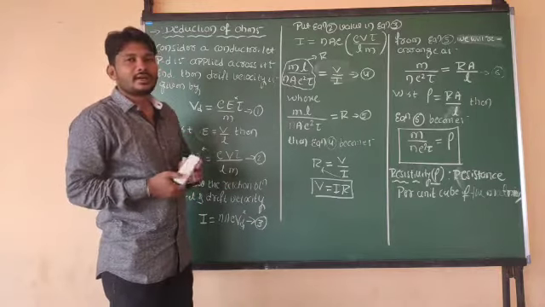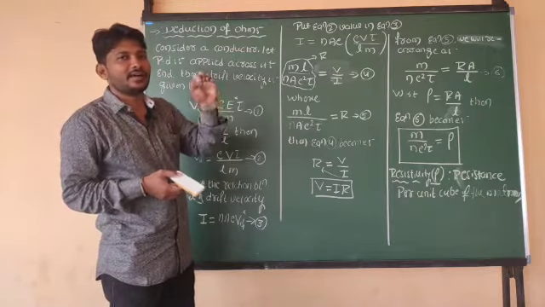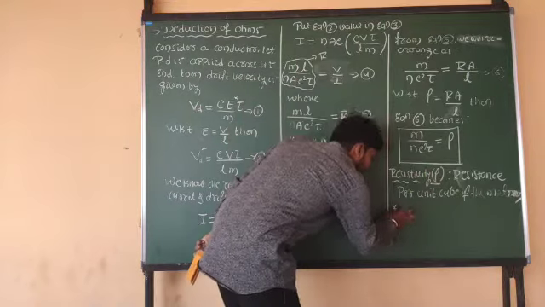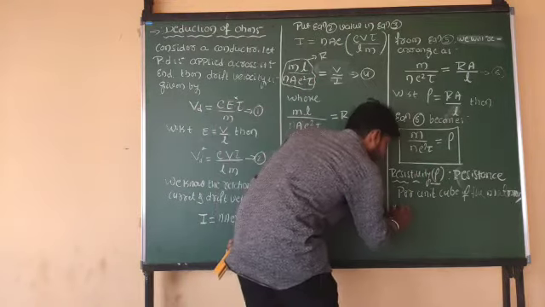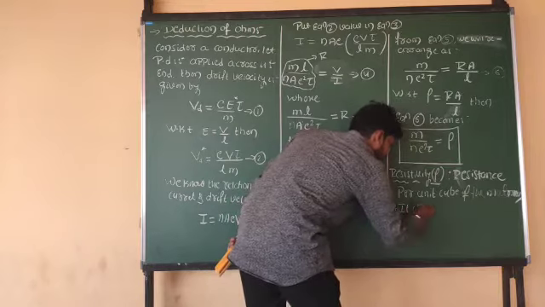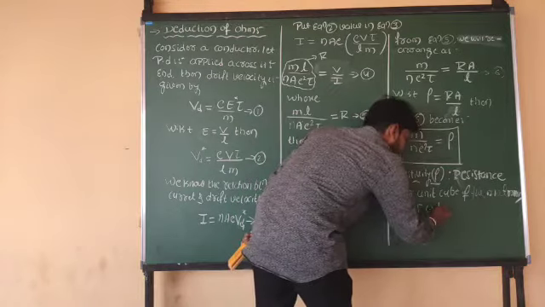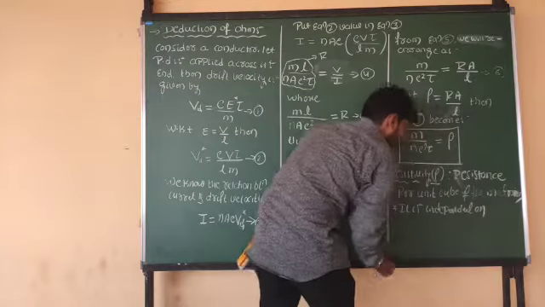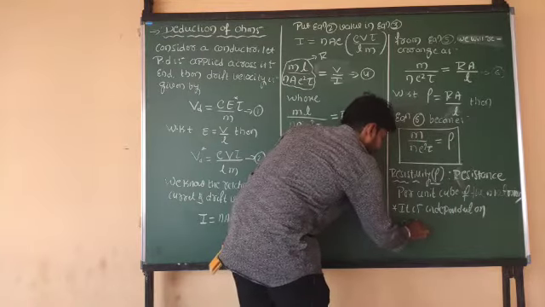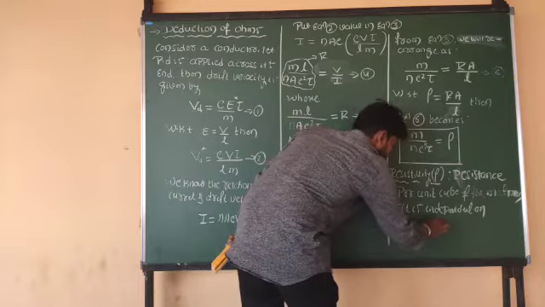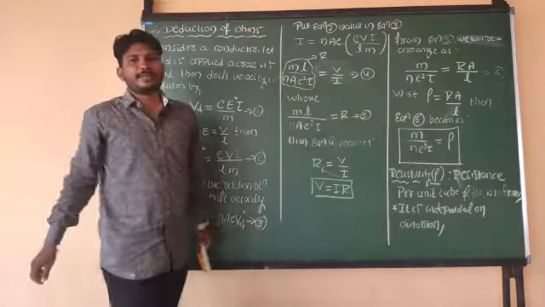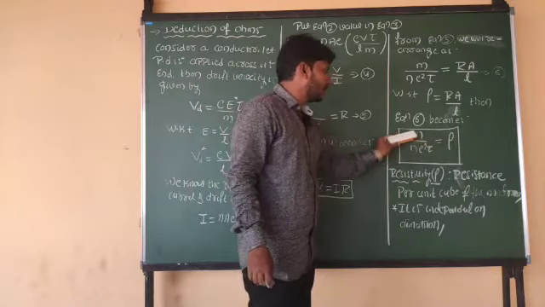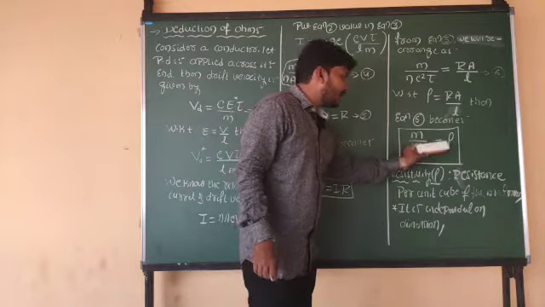So one more thing I need to understand: resistivity is independent of the dimensions. Look here, I got that expression for resistivity, where rho is equal to m divided by n e square into tau.